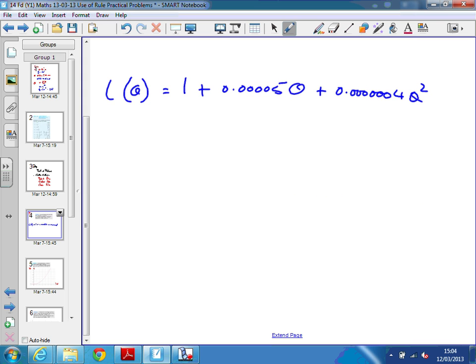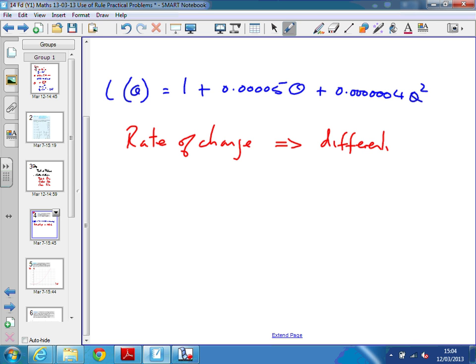So if I'm after the rate of change, this implies differentiate, because the differential tells us a new function, remember, that tells us the rate of change of the original function, i.e. find, if we're using this sort of notation, L prime theta, or dL by d theta if you're using the other notation.